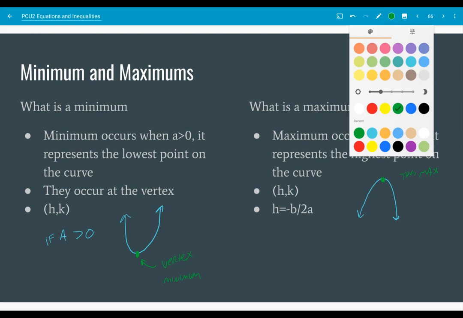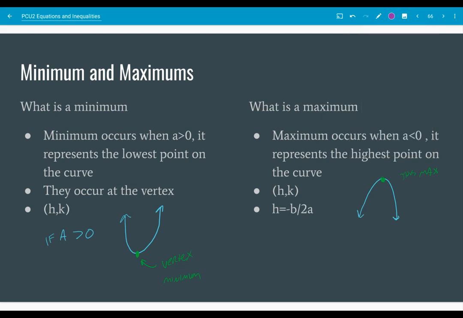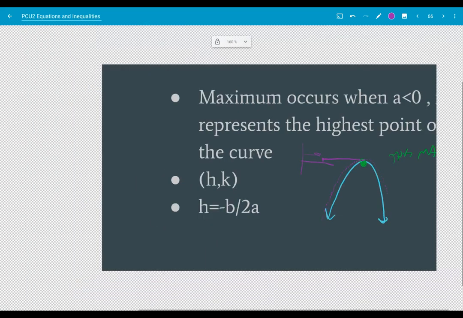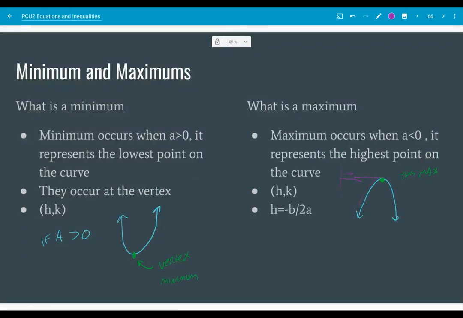And we call it that because if we start here on our x-axis and we start moving this way, we're going to start moving up on the y-axis until we get to this point, and then we're no longer going to increase in the y, and then we're going to start going back down. So this on the y-axis is our maximum. So that's where the term maximum and minimum come from.